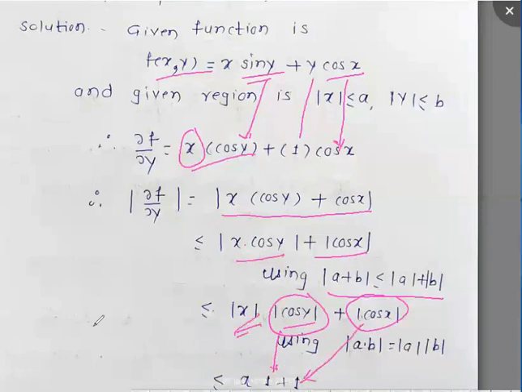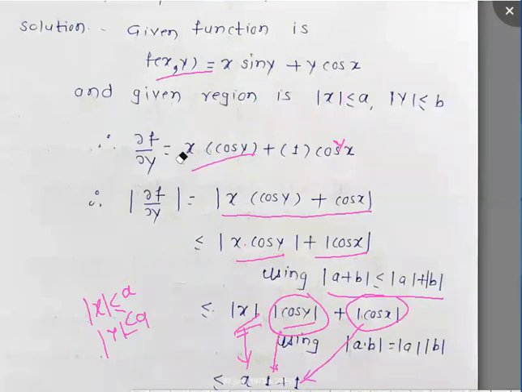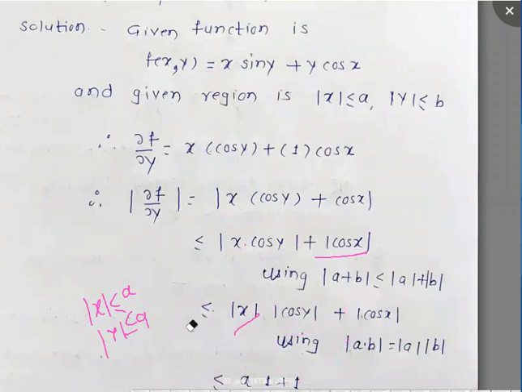And in the given region, what is the given region? Rectangle, where mod x is less than or equal to a, mod y is less than or equal to b. So this mod x is less than or equal to a. So a plus 1. What is the Lipschitz constant? A plus 1.